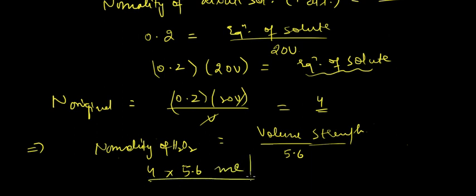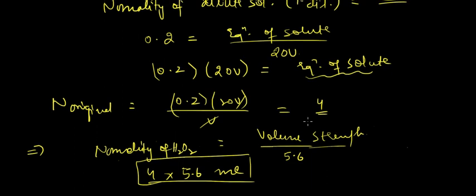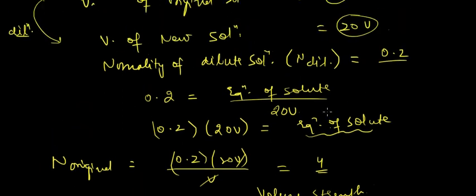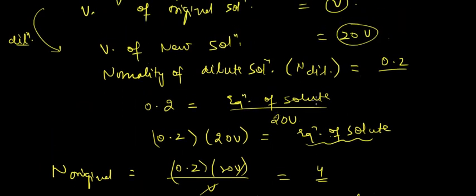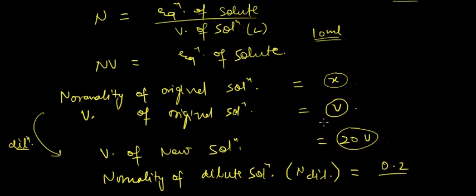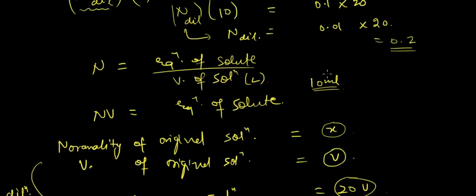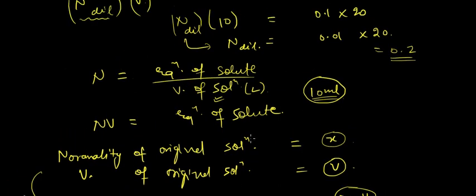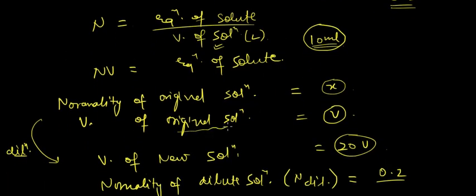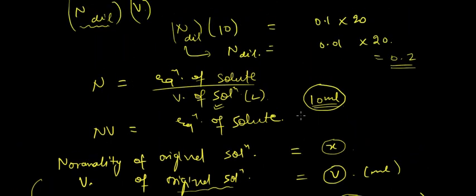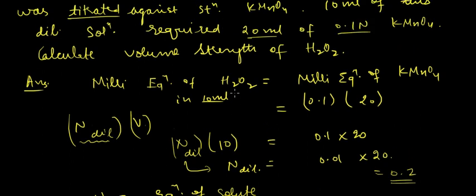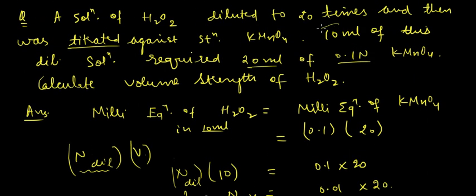milliliter. Why is it milliliter? Because here also we have calculated this on the basis of milliliter. This volume was in liter, but when we saw the original solution, this was in milliliter, 20 milliliter. And also we took 10 ml of this dilute solution.